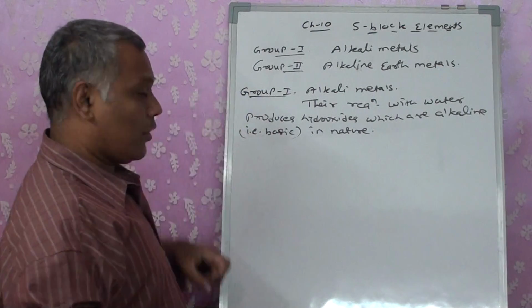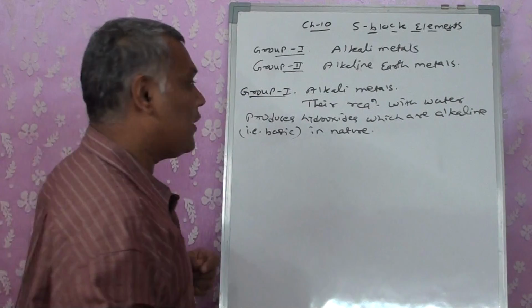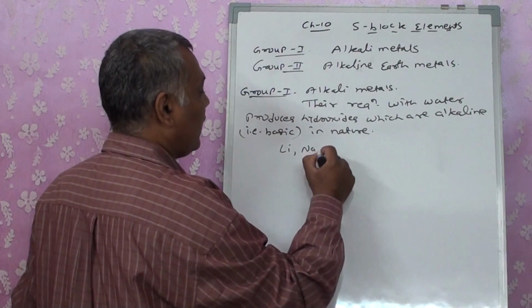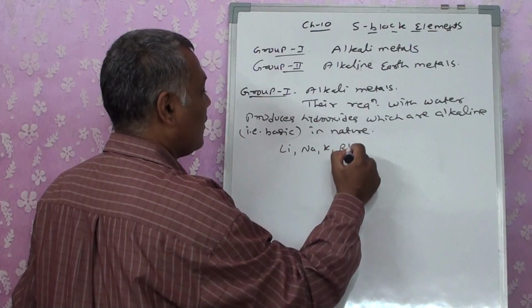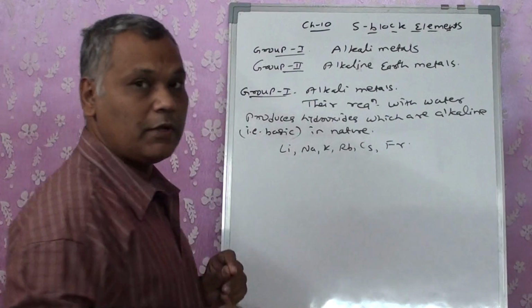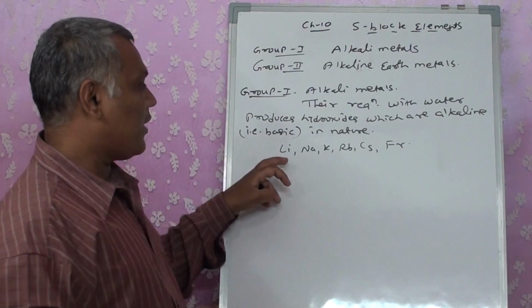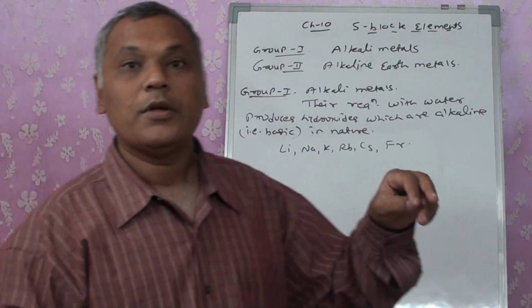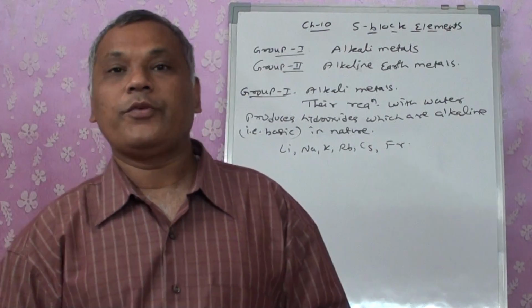Particularly, if we talk about this group, which elements are present in it? Li, Na, K, Rb, Cs, Fr. In group 1, we have lithium, sodium, potassium, rubidium, cesium, francium. Right? Hydrogen is also a part of it.